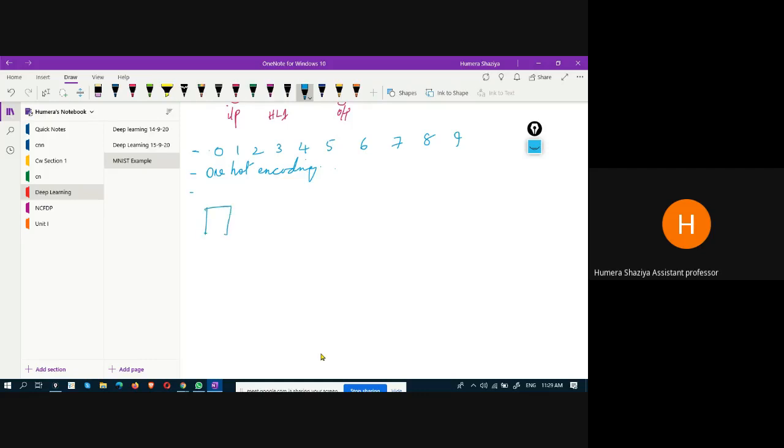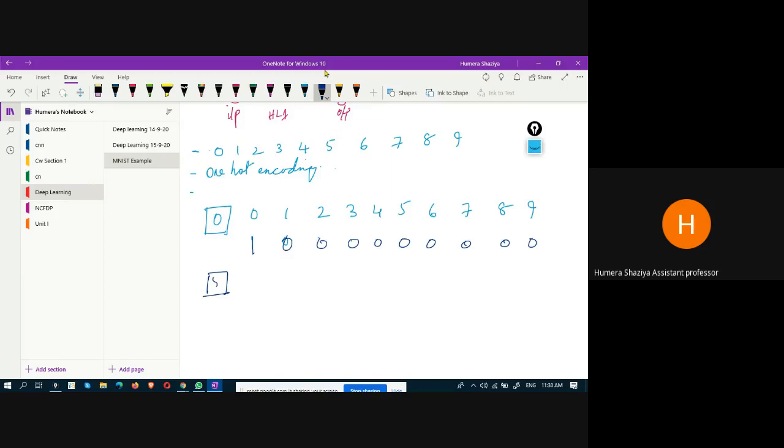I have an image like this, and we have 10 classes. So this image contains a digit 0. So 0 will have a value 1. The other classes get a value 0.